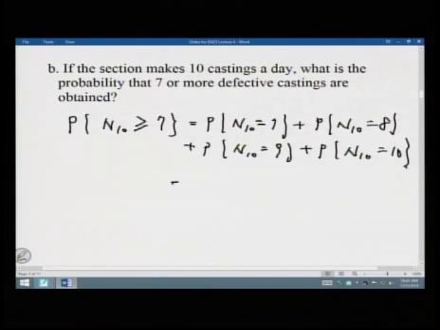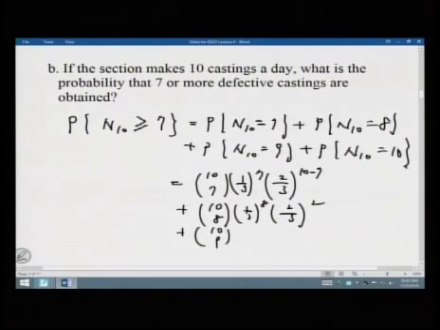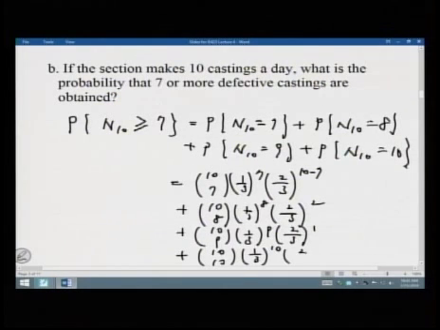Of course, this is the same as 10 combination 7, 1/3 to the power 7, 2/3 to the power 10 minus 7, plus 10 combination 8, 1/3 to the 8, 2/3 to the 2, 10 combination 9, 1/3 to the 9, 2/3 to the 1, and then 10 combination 10, 1/3 to the 10, 2/3 to the 0. Okay?